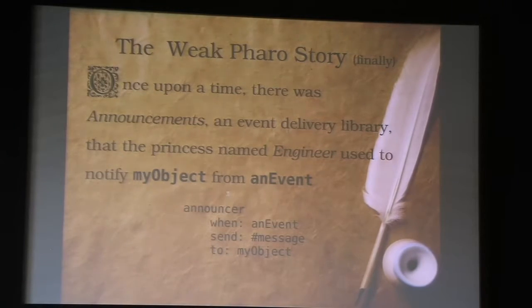So my object, if I don't have any more references to it, the announcer will still keep it alive. So this is one source to create a memory leak, which is a bit strange, because when you are using the announcer, the observer pattern, you actually want loose coupling. You don't want to couple myself to the guy that is observing me. We want them to be independent. But this was causing a problem.